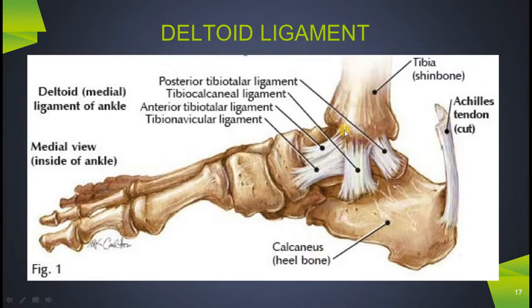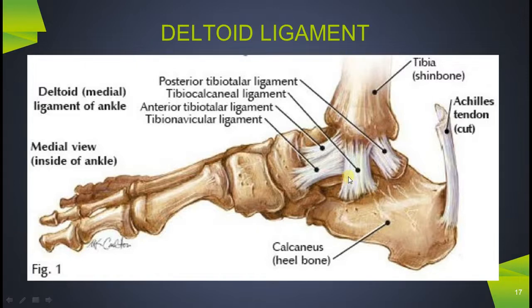This is your deltoid ligament, medial view of the ankle joint, triangular in shape. It is attached to the medial malleolus at the apex. Anterior fibers go to the tuberosity of the navicular and merge with the spring ligament or calcaneonavicular ligament.